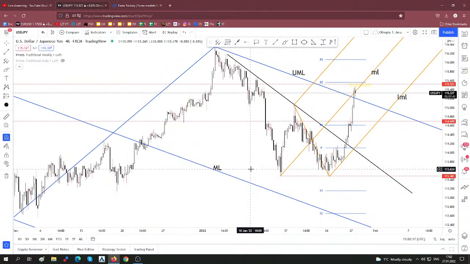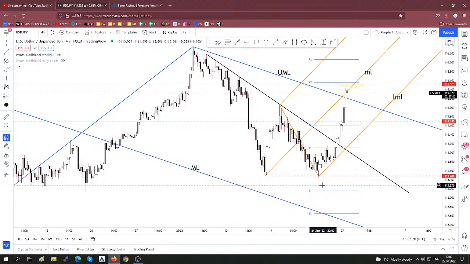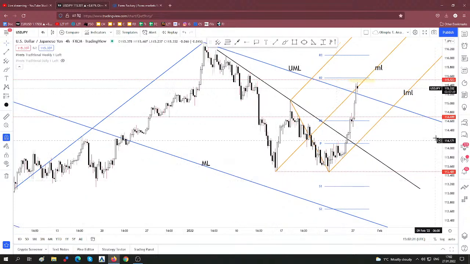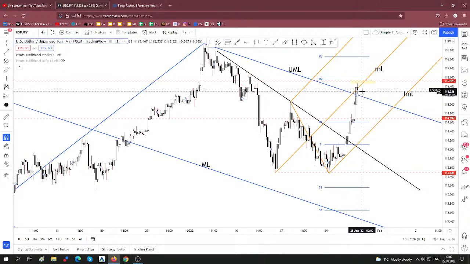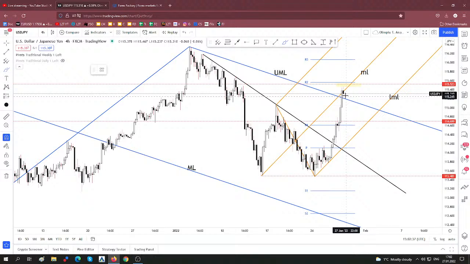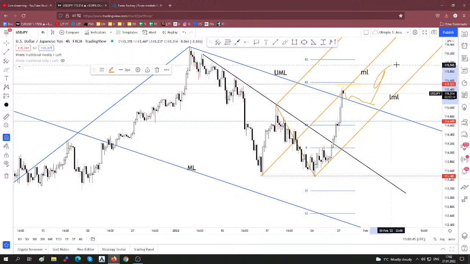I've talked about the US dollar Japanese yen earlier in the video analysis, so I will not talk about this market here, only because right now the price continues to stay around the medium line. But I've told you that after this amazing rally, strong upside movement, we may also have a temporary retreat. It could drop a little along the upper medium line before jumping higher.